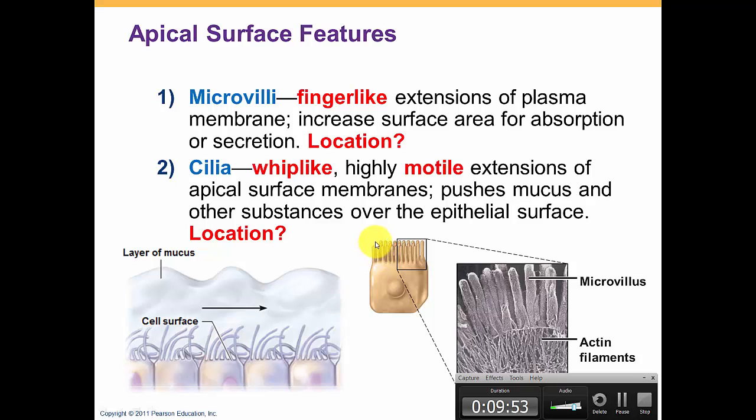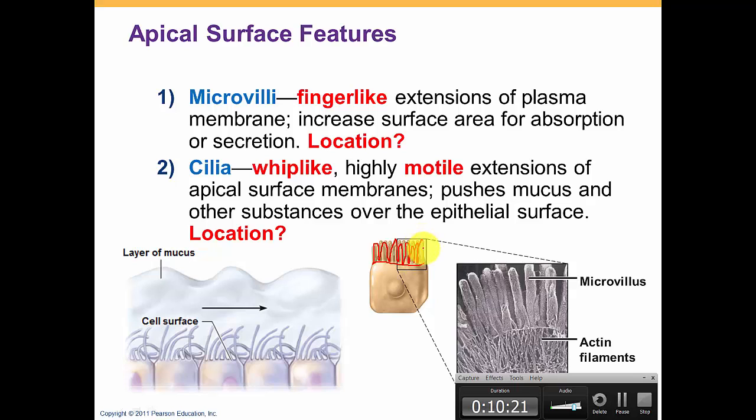So what is the function of the microvilli and where do we find them? Well, let's suppose that we don't have any microvilli here. So let's suppose that the cell just ends here. And now let's compare this to another cell that has microvilli. All these microvilli increase the surface area.